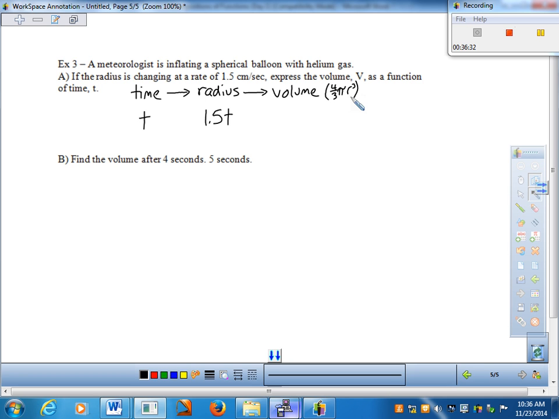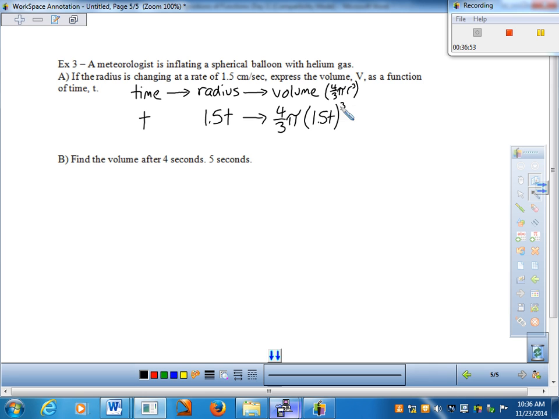Okay, so if it's 4/3 pi r cubed, that's great, because I know what the radius is in terms of time. So as a result, I'm hoping you see this play out as 4/3 times pi. Now instead of the radius cubed, I've got 1.5t cubed. How neat.